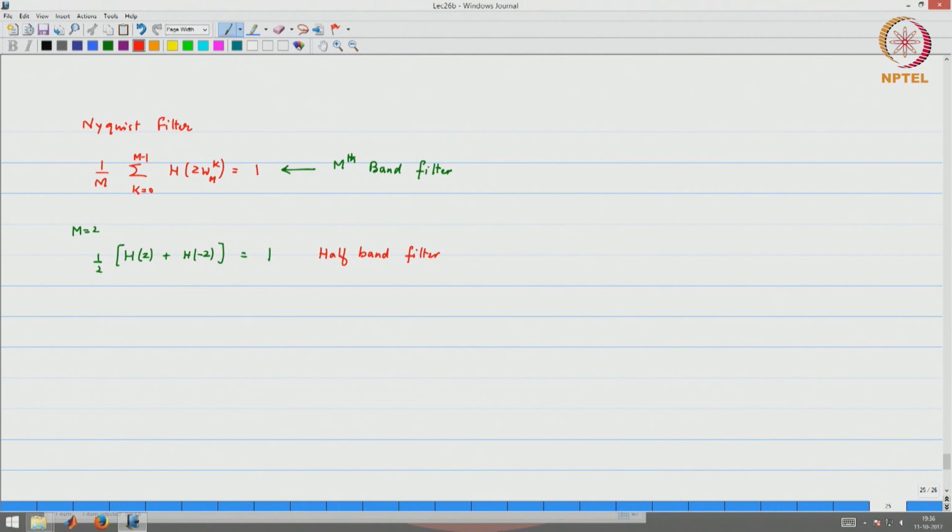Okay. Now, that means a half band filter, when you factorize it, you will get the following form. It will be equal to 1 plus z inverse E1 of z squared, which is, of course, the mth band case where you are dividing into polynomials.